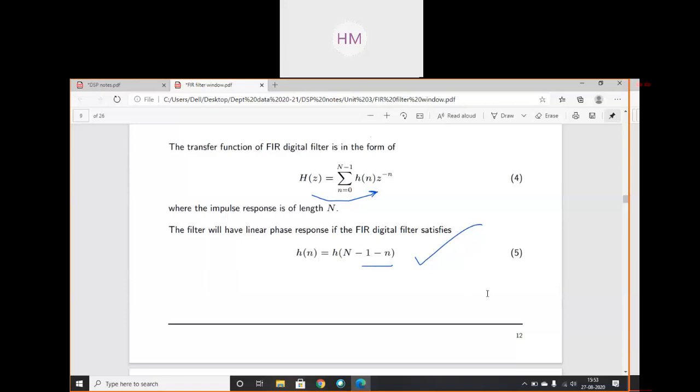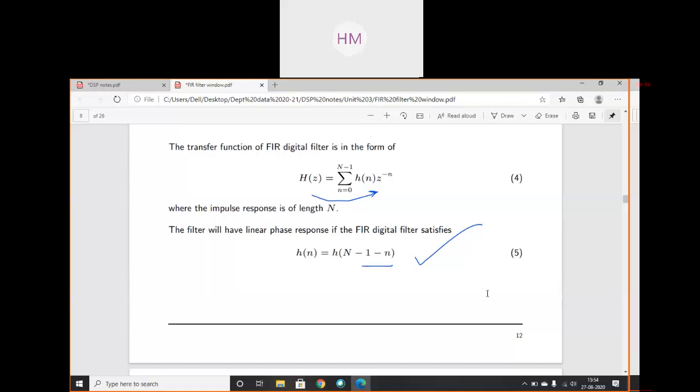Now h of 1 will be equal to, yes students, h of 1 will be equal to h of 7. Write down all the filter coefficients.